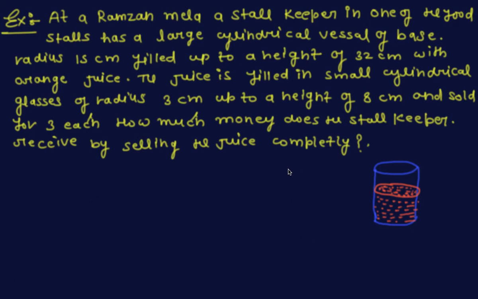Now I take this example on the surface area and volume of a cylinder. At a Ramjan Mela, a stall keeper in one of the food stalls has a large cylindrical vessel of base radius 15 centimeter, filled up to a height of 32 centimeter with orange juice.